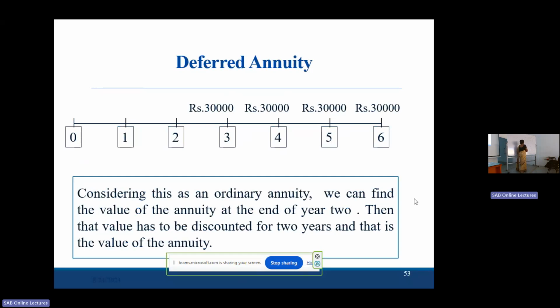This is the present value annuity factor: 30,000 into 1 minus 1.13 to the power minus 4, divided by 13%. So we get the value here. In the original timeline, we are at the end of year 2.